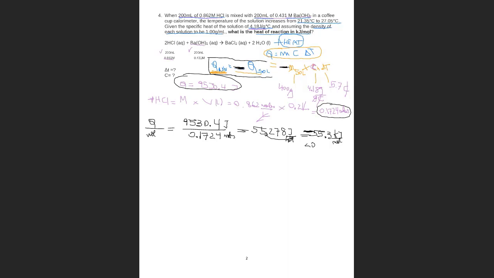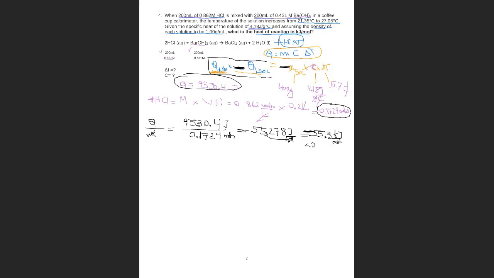We are calculating the Q of the reaction, and it's going to have the opposite sign because the reaction released energy and the solution absorbs the energy. So we need the minus here. And then we write what is the Q of the solution.